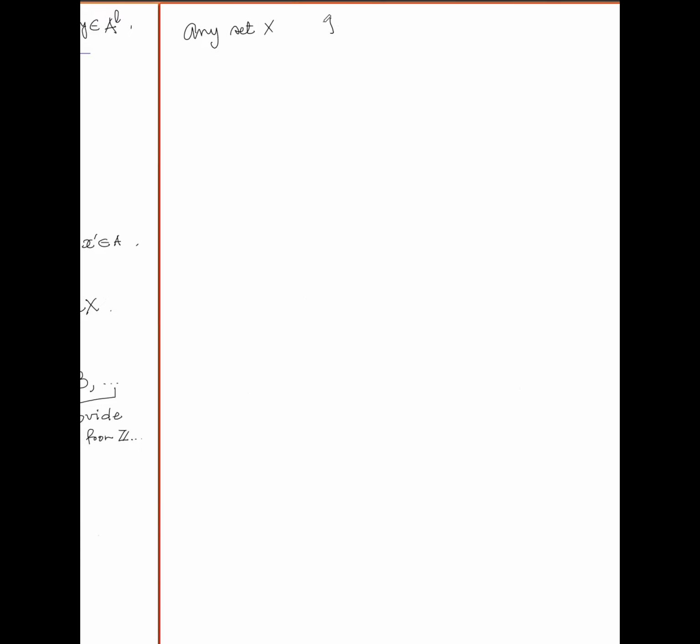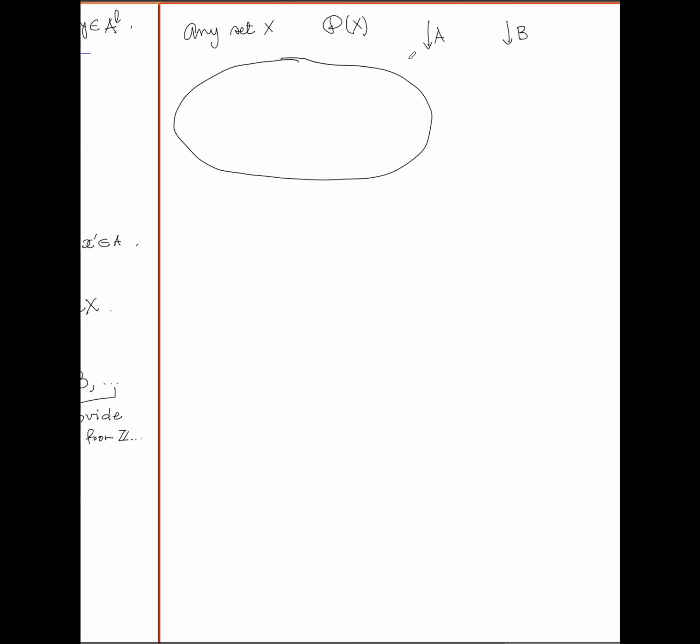and you look into its power set. Obviously, you know by now that it is a poset, and you take all the subsets of A, and you take all the subsets of B. So what am I doing? So here is my set X. So here are the two sets that I have taken. Here is the other one.